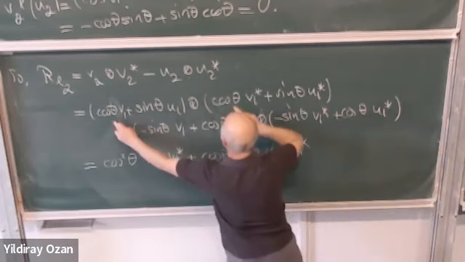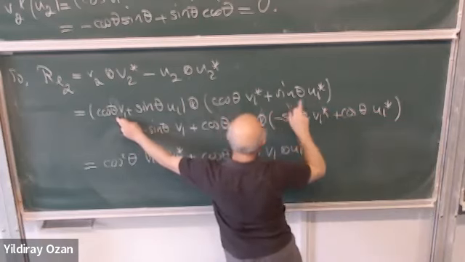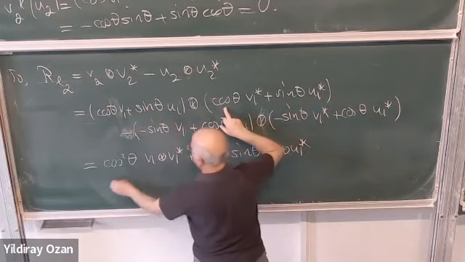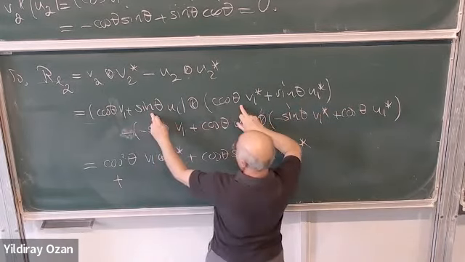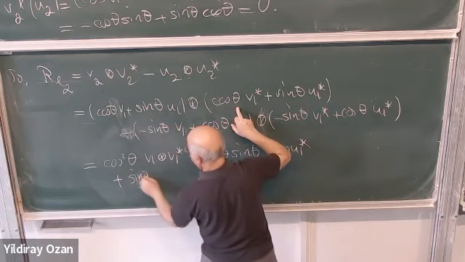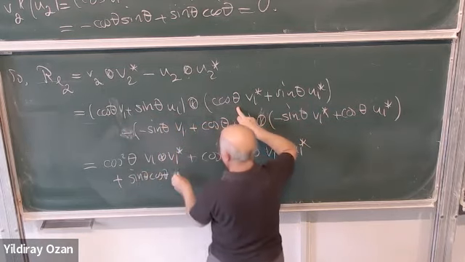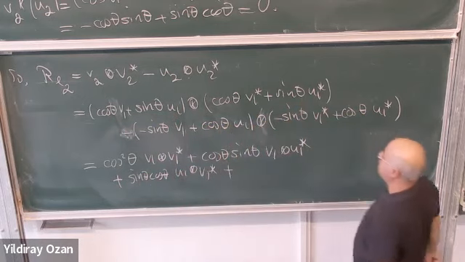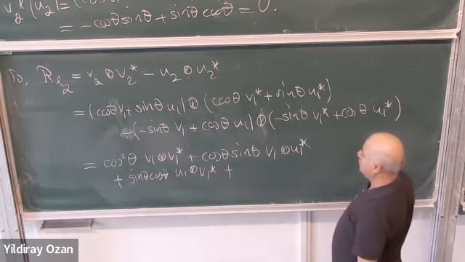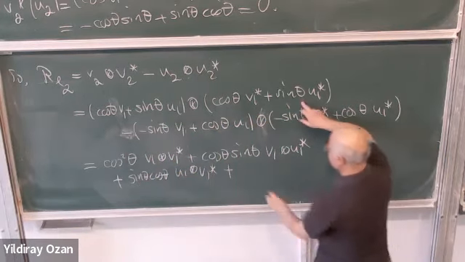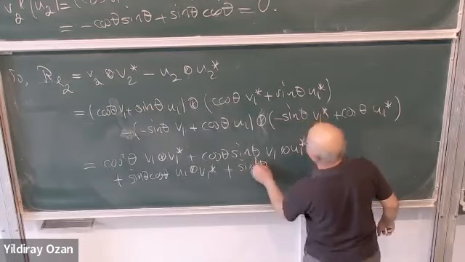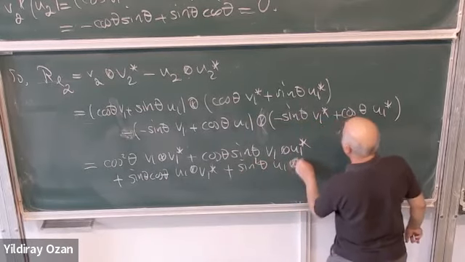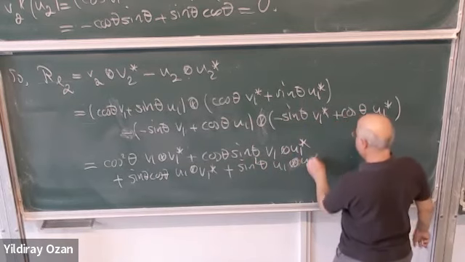I multiply this guy with this one and this guy with this one. Now, what about the other terms? This guy and this guy, so sine theta cos theta U1 U1 star plus sine squared theta U1 U1 star.